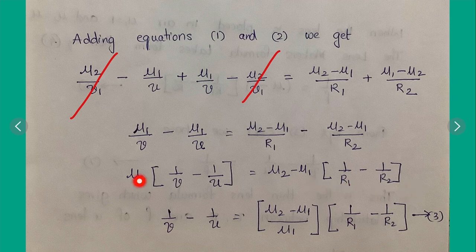Then send this mu1 to the right side, it will divide there: 1 by v minus 1 by u is equal to mu2 minus mu1 by mu1 into 1 by r1 minus 1 by r2. Equation number 3.